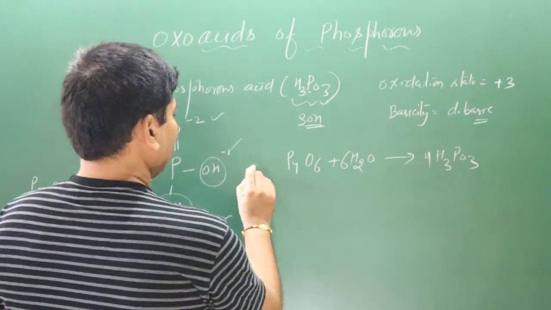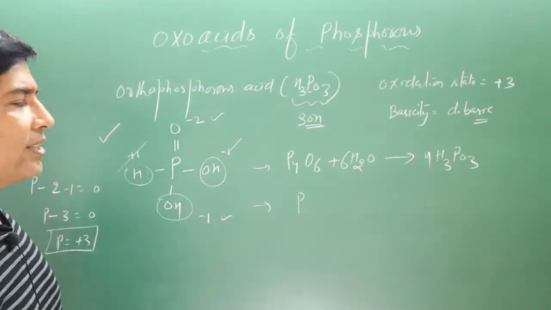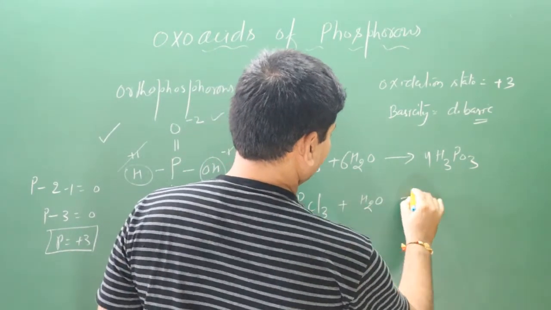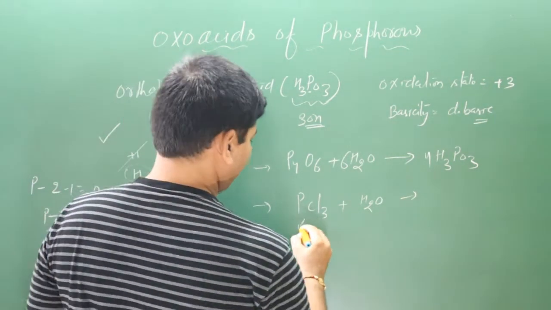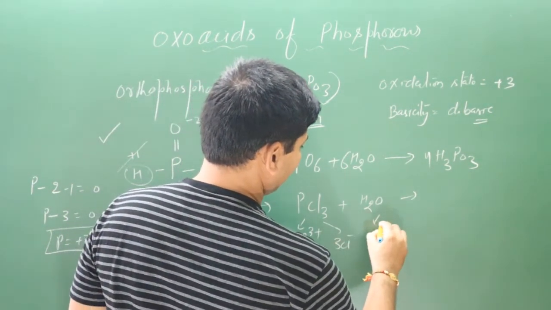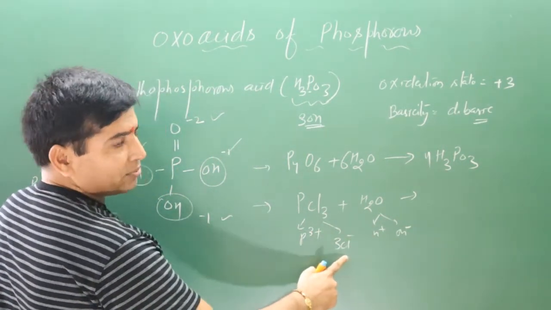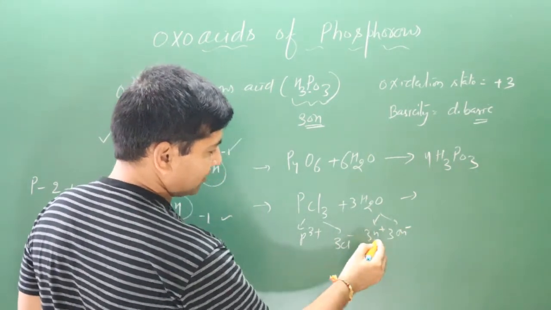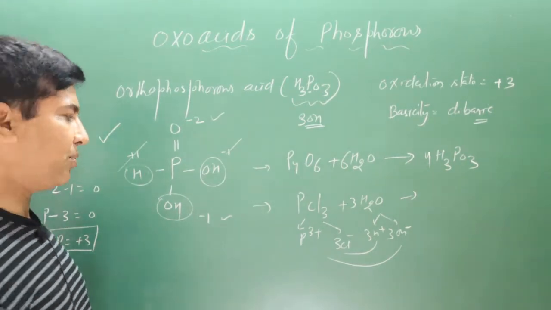The second preparation reaction we have already learned in the trihalides of phosphorus. PCl3 reacts with water. This is a double displacement reaction. It will give us P3+ and 3Cl- ions, and water gives H+ ion and OH- ion. The H+ ions will combine with Cl- ions. I take 3 molecules of water, and that is how the combination takes place, with positive-negative attraction.